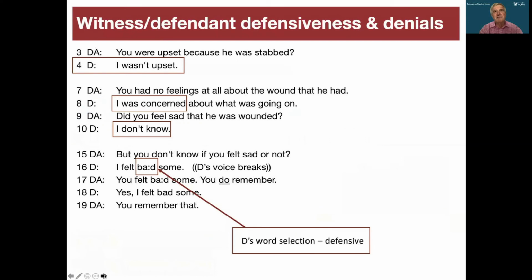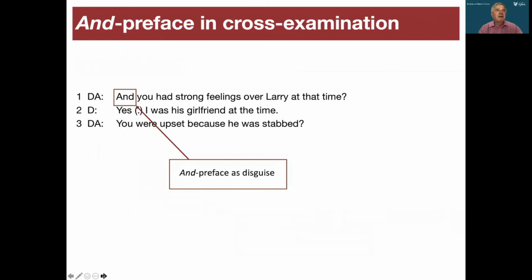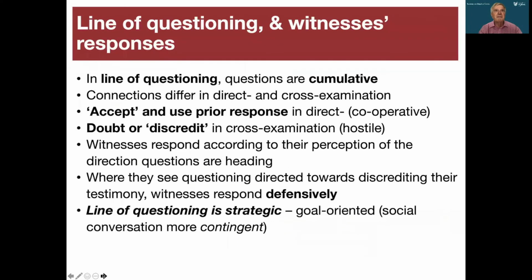And one can also see that the defendant is, of course, perfectly aware of where these things are going and tries to select words which are defensive. And then there was this instance of the strategic use of and-preface as a disguise.